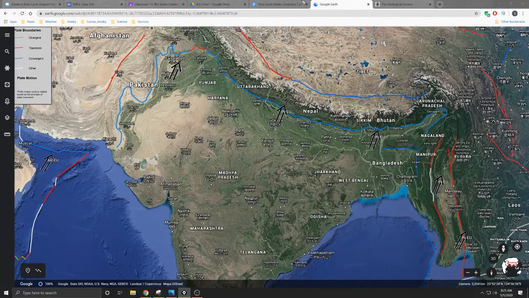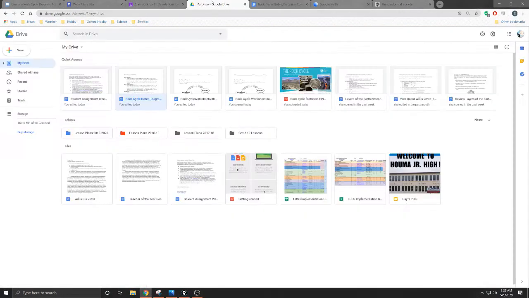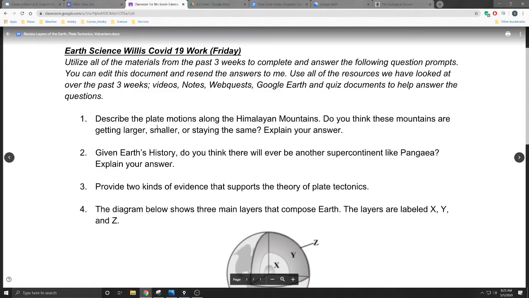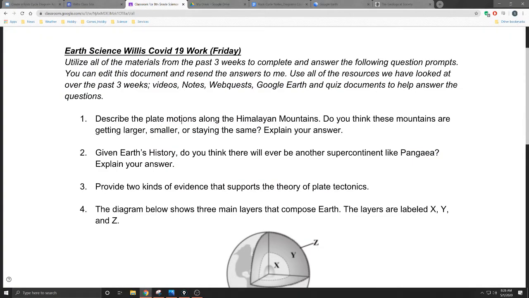So to answer the question on the sheet: do we think these mountains are getting smaller, larger, or staying the same? The answer is larger. There is still uplift going on in those locations. Now, there are still destructive properties going on there as well, things like erosion, glacial erosion on the top of those peaks. So it's going to be a give and a take.